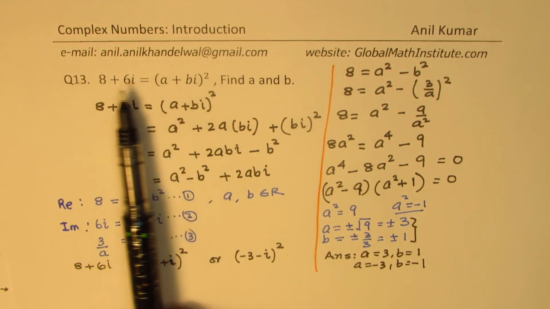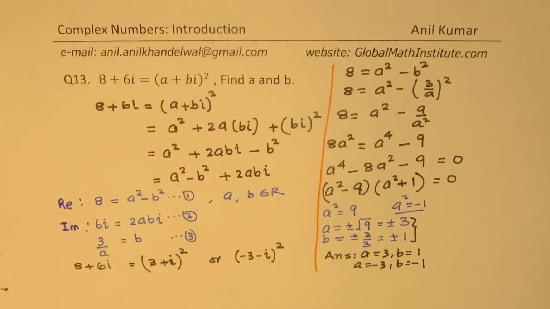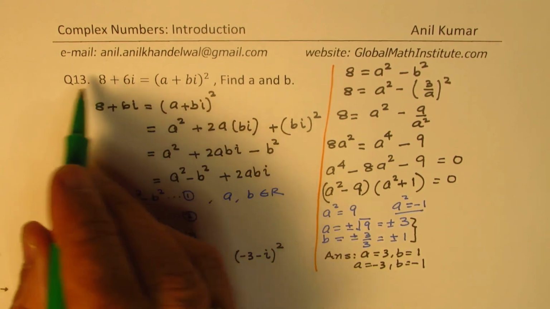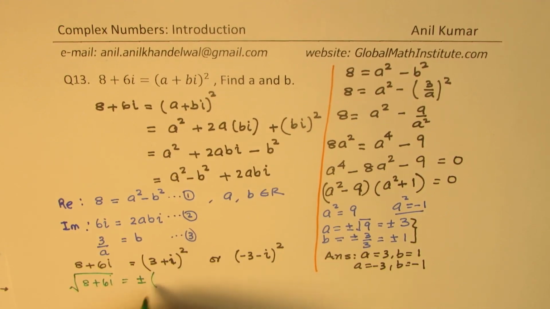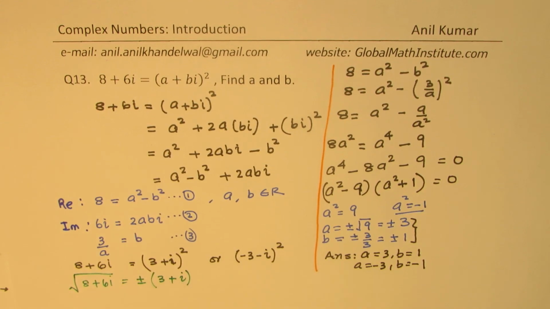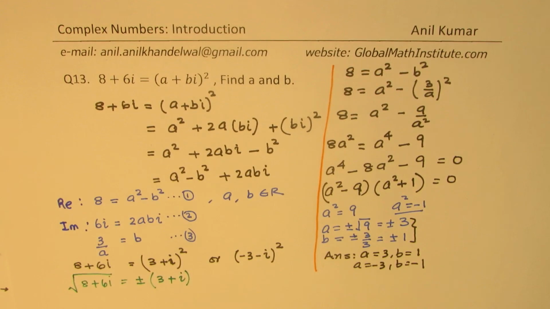If you rearrange this, you could see that the square root of 8 + 6i is equal to plus minus (3 + i). Does that make sense to you? So we did find a square root also, and this is a good method to find the square root of a complex number.